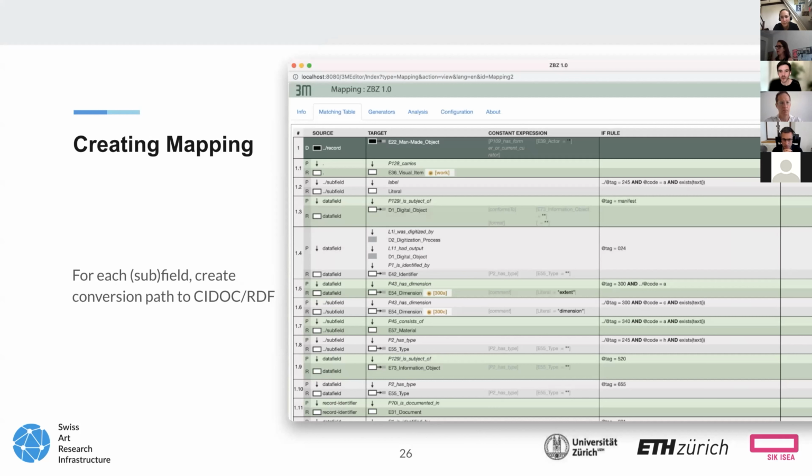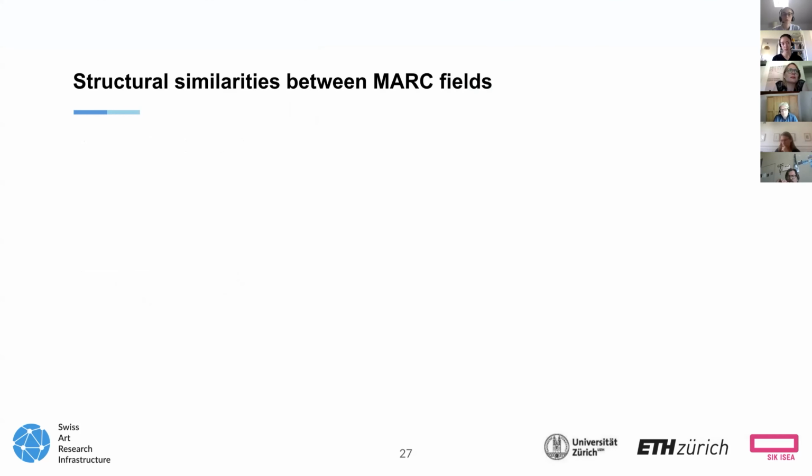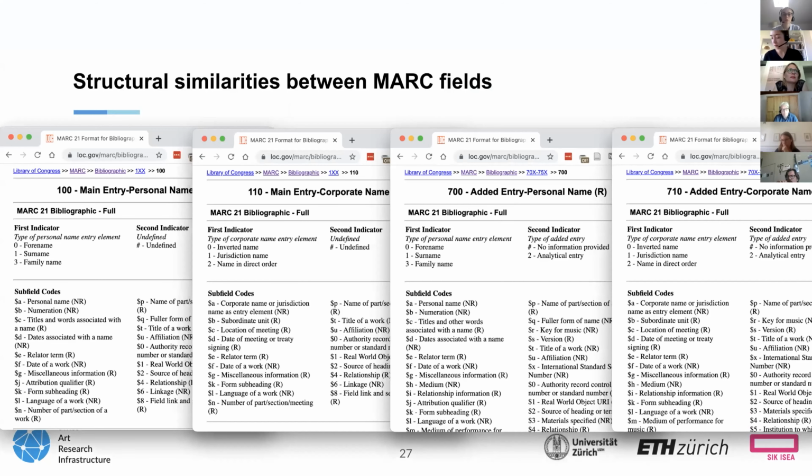So we decided to revisit it with better knowledge of the collection schema. Because if you know MARC 21, there are some structural similarities. For example, there are the fields 100 and 110, which refer to the person or the corporation creating the artifact, and there are 700 and 710, which refer to other persons associated with it.